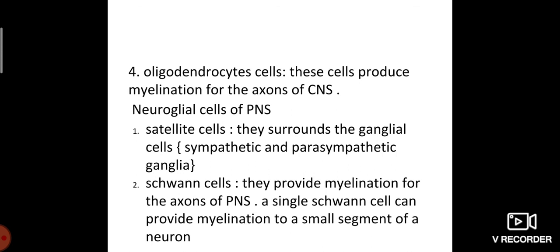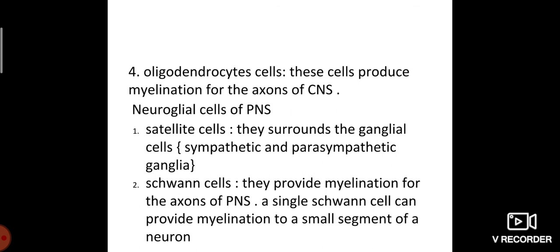Then Schwann cells. Schwann cells provide myelination for the axons of the peripheral nervous system. A single Schwann cell can provide myelination to a small segment of a neuron. That means the central nervous system and peripheral nervous system get myelination in two different ways, by two different cells. In the peripheral nervous system, the myelination is given by Schwann cells. But how does this myelination occur?